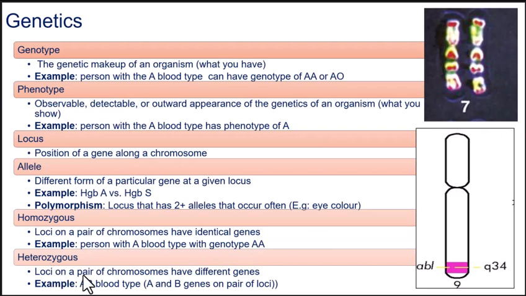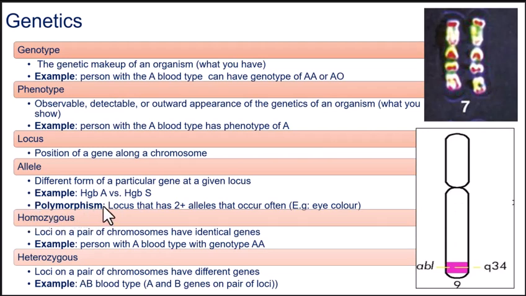In terms of heterozygous, AB would be an example, A from the mother, B from the father. So AB blood type, but it would also be presenting as different genes on a pair of loci. So it could be A here and B here versus homozygous A and A.